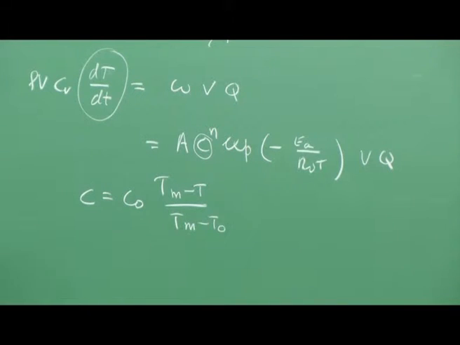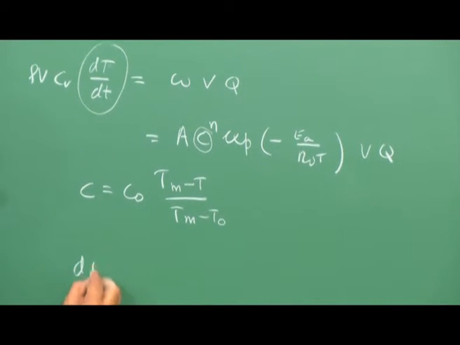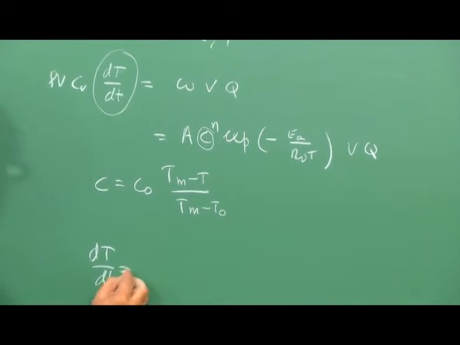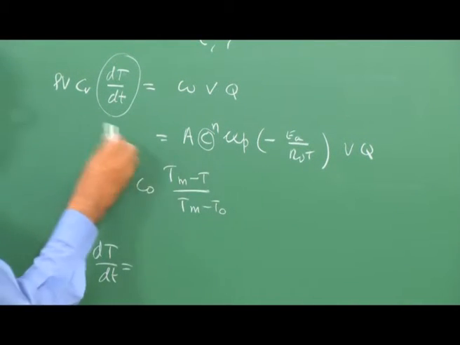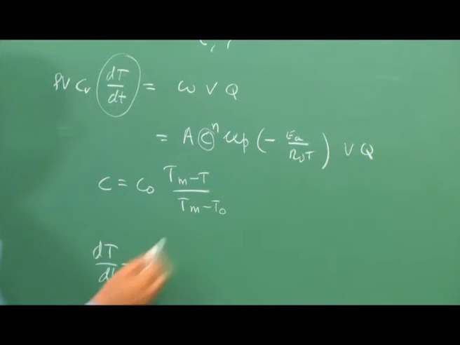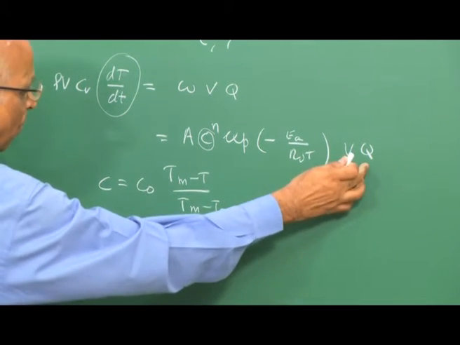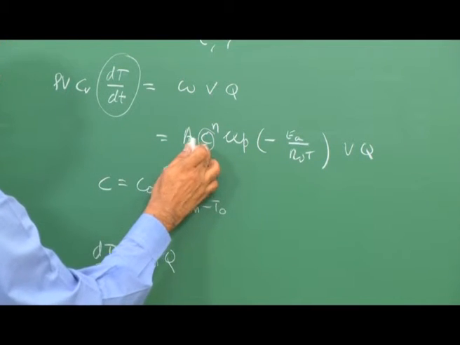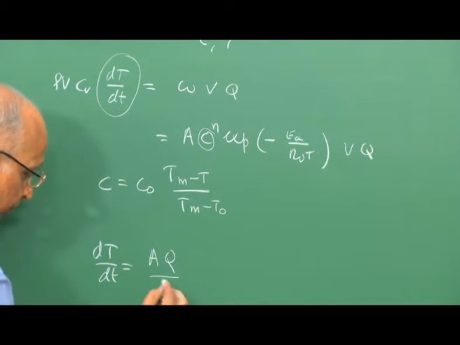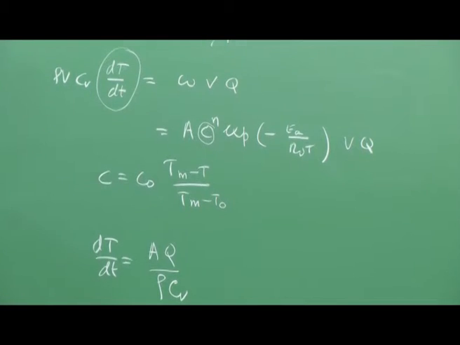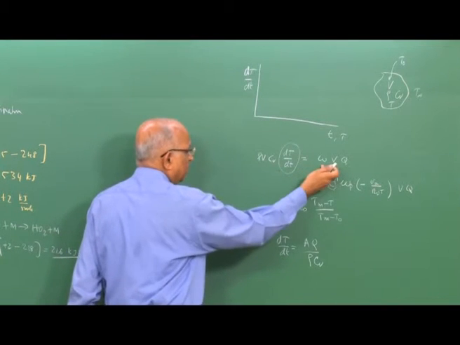We plug this in and then we say we can get the value of dT by dt is equal to, well, in this particular expression V need not be taken into account. I have AQ over here, divided by rho CV, and then we have taken these terms over here.